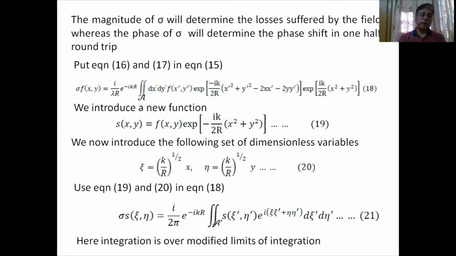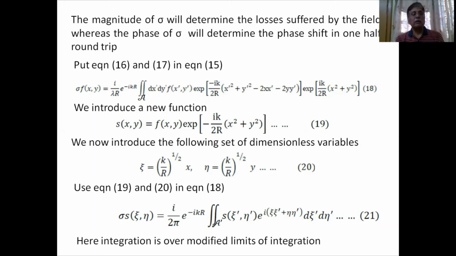So sigma F(x,y) is equal to i by lambda R exponential minus iKR, double integral over the aperture dx dash dy dash F(x dash, y dash) exponential minus iK by twice R, x dash square, if we have expanded, plus y dash square minus 2x x dash minus 2y y dash into exponential iK by twice R (x square plus y square). This is what we are getting as sigma F(x,y) when we put 16 and 17 in equation 15.